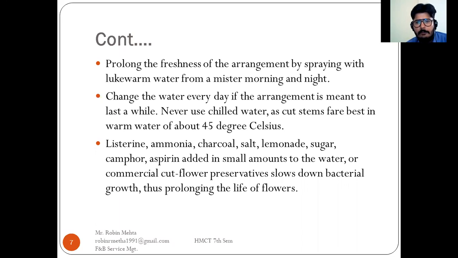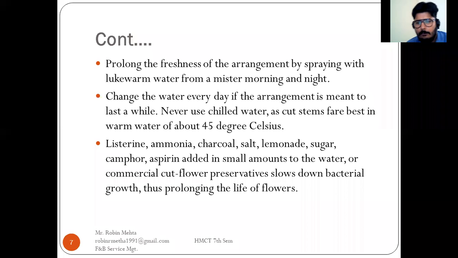Sometimes we put a flower arrangement into a vase or a big vessel, and over there we use water, so it needs to be changed every day, if you have to keep that arrangement for 2, 3, 4 or 5 days.